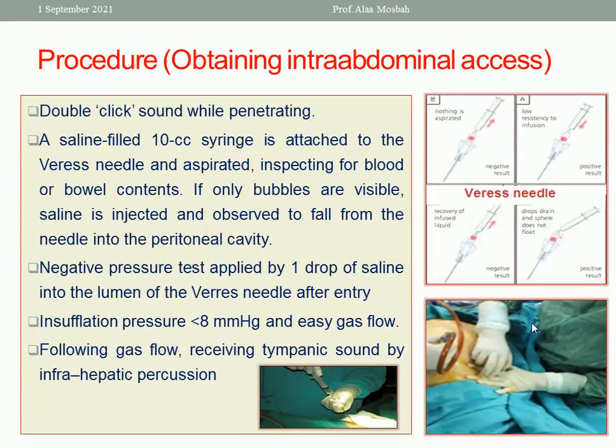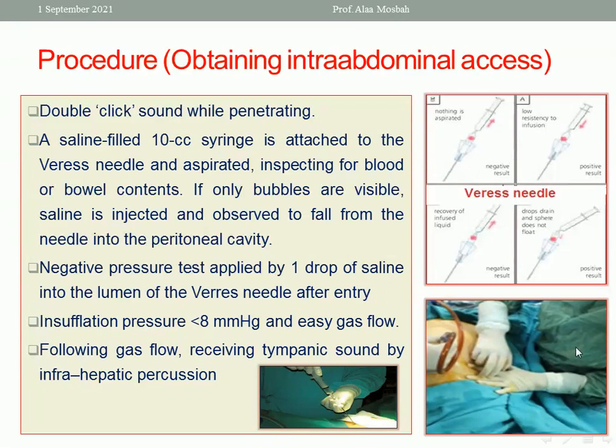Also, if you connect the varus needle with the insufflator machine and the pressure is negative or below 8 millimeters of mercury, this indicates that you are inside the peritoneal cavity. And nowadays in the new guidelines, this is the most important sign that confirms you are intraperitoneal.